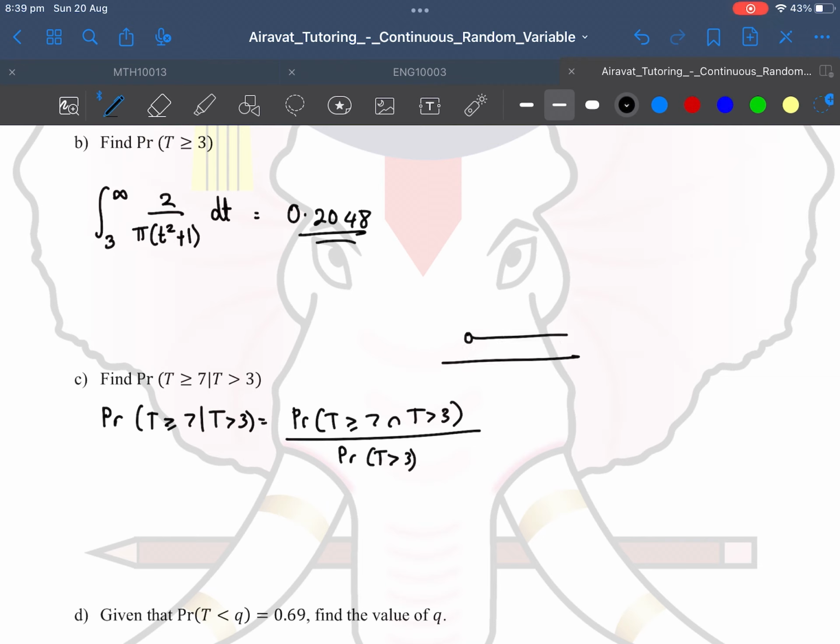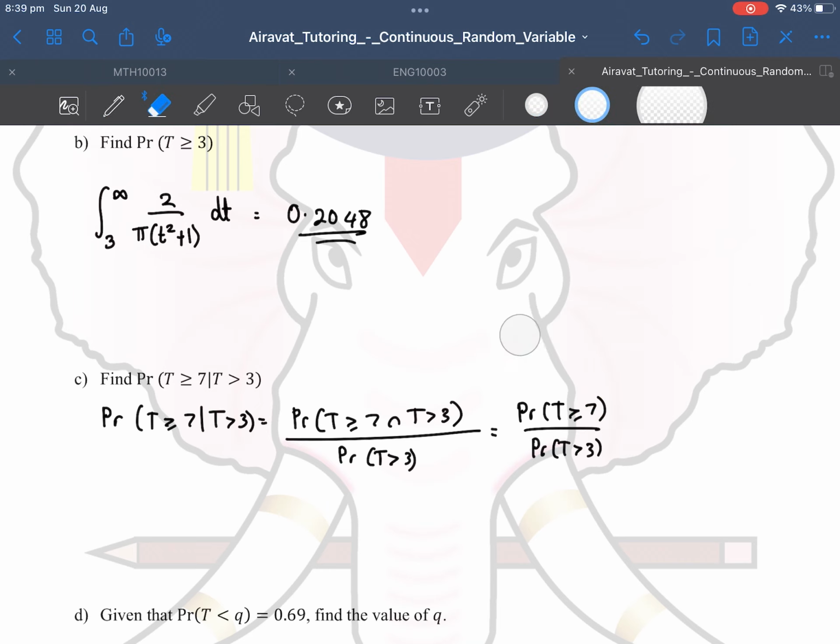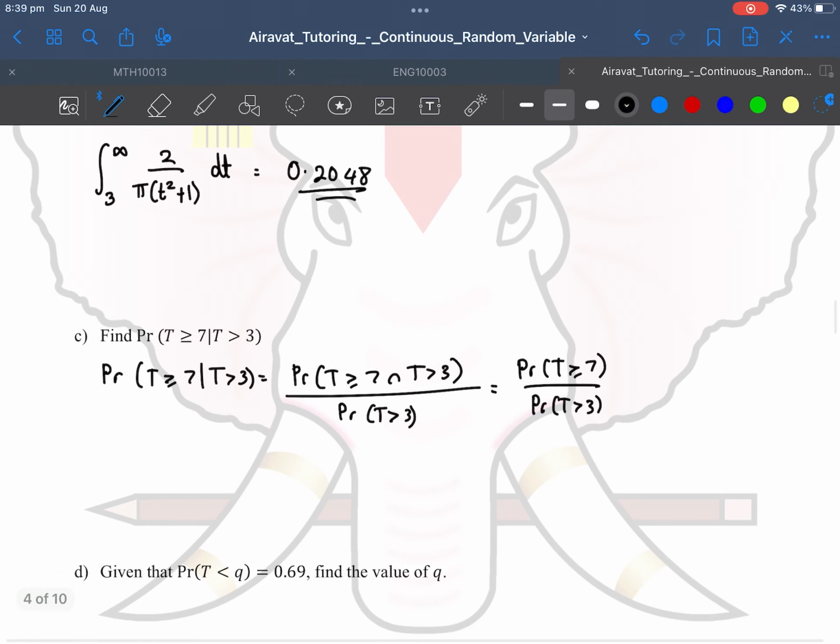T greater than 3 is going to be starting from here, and t greater than or equal to 7 is going to be here, and you have to find the intersecting portion. So the intersection of these two starts over here, so we can say that this is just going to be the probability of t greater than or equal to 7 over the probability of t greater than 3. Okay, alright, very good. So we just have to calculate that.